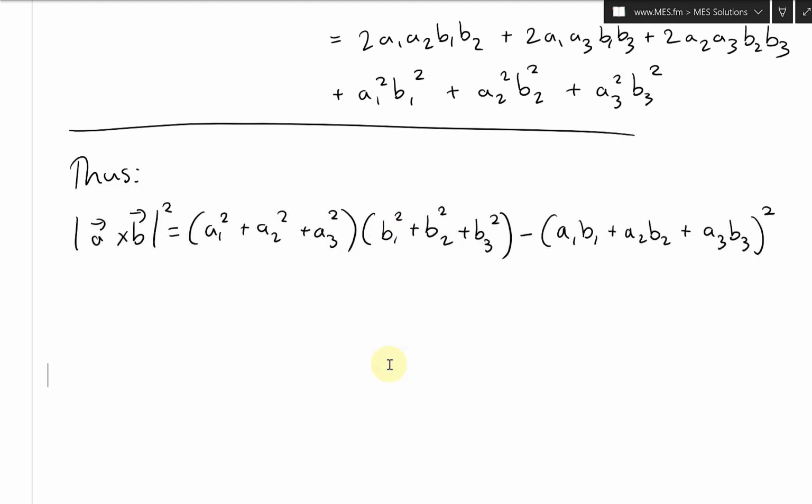And now, well, what do we have here? This right here is just the distance formula squared of the a vector, like that. Yeah, that's just the distance formula, or the length of it. Remember, a1 squared plus a2 squared plus a3 squared.